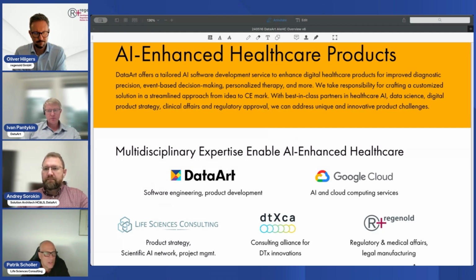It's not only about talking to each other and having the expertise, but it's actually knowing how to manage projects, knowing how to interact across different disciplines, integrating scientists, clinical experts, medical experts into the picture. And here are just the big names. It's DataArt for sure.